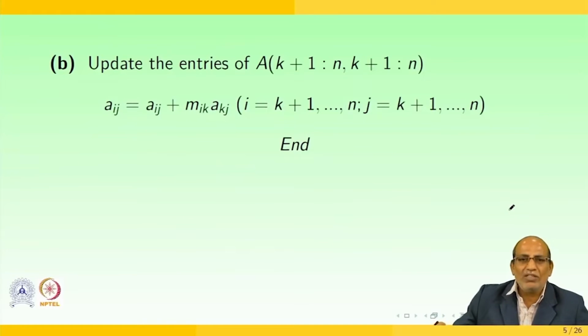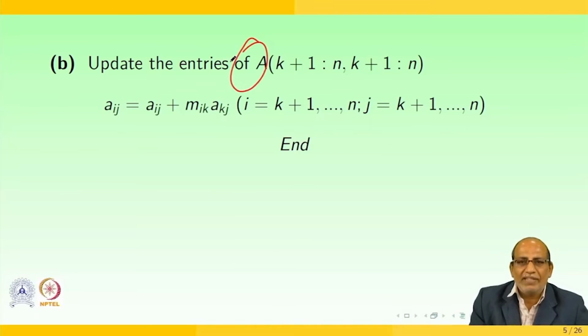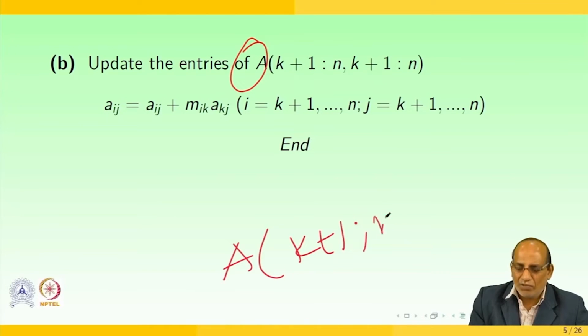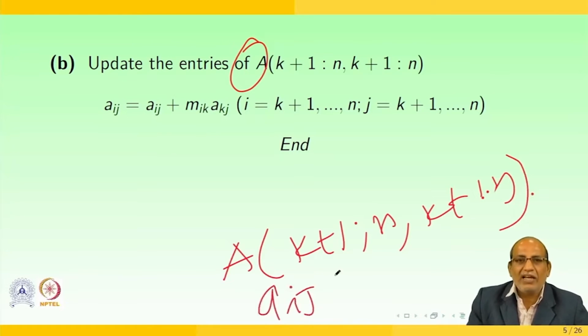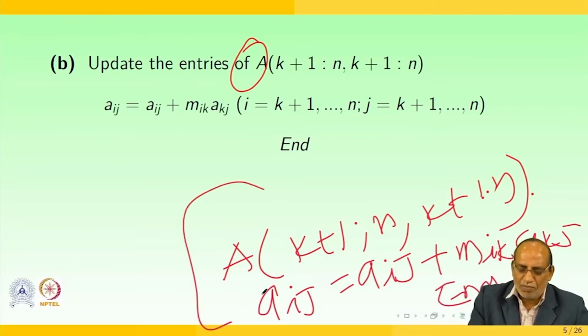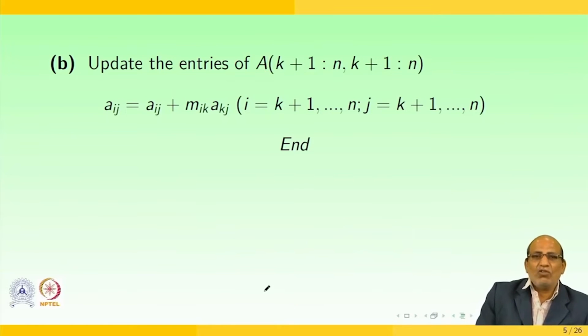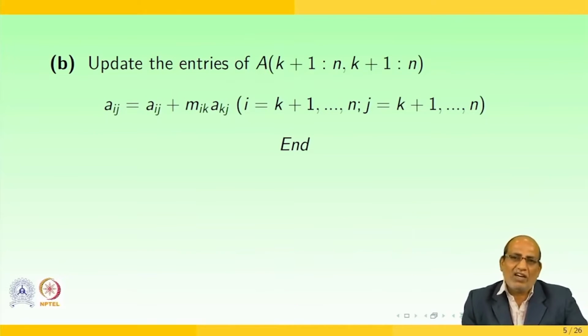In continuation, we update the entries of A, for i and j from k plus 1 up to n. Then Aij becomes Aij plus the multiplier Mik times Akj. Then you end the loop. Therefore, we are able to find the lower triangular matrix and the upper triangular matrix.